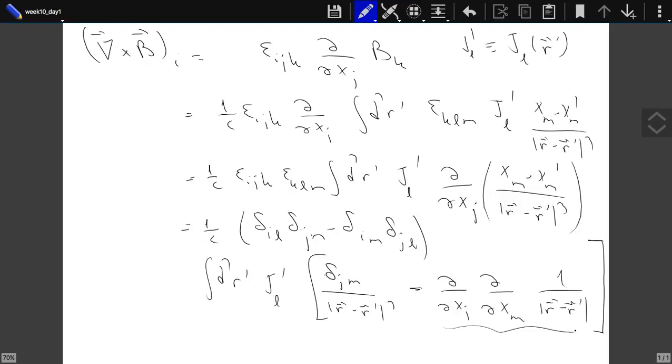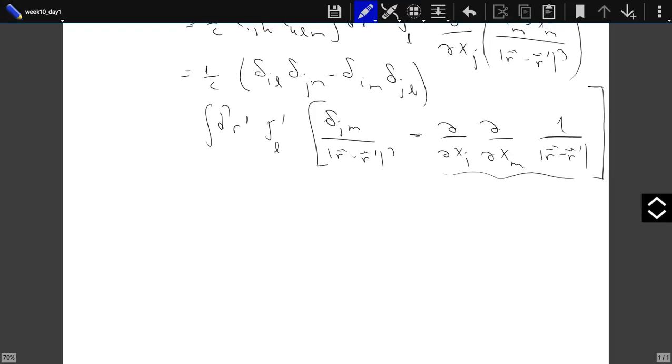That is where we get the Dirac delta, and that's what gives us 4 pi over c J at the point R. When j is equal to m, that's just the Laplacian acting on 1 over R minus R prime, and that would give me a Dirac delta function. The first one will cancel some of the terms from the second one. The second one is not just a pure Dirac delta. There are additional terms coming from the second one.